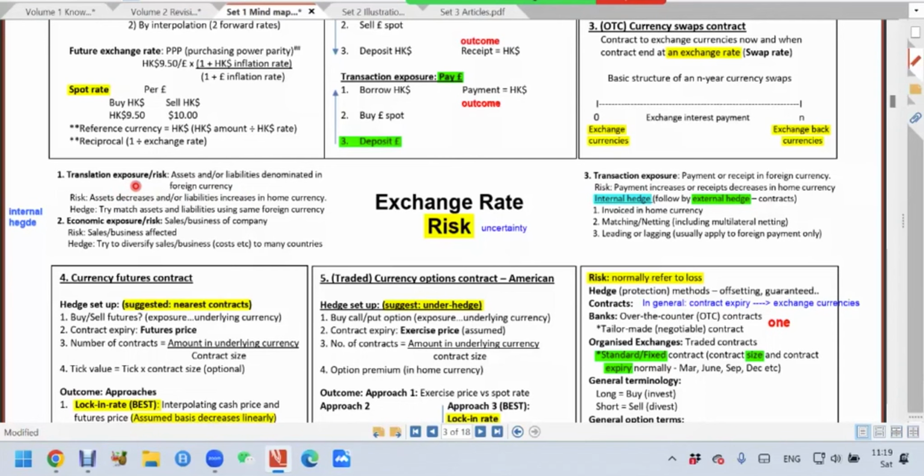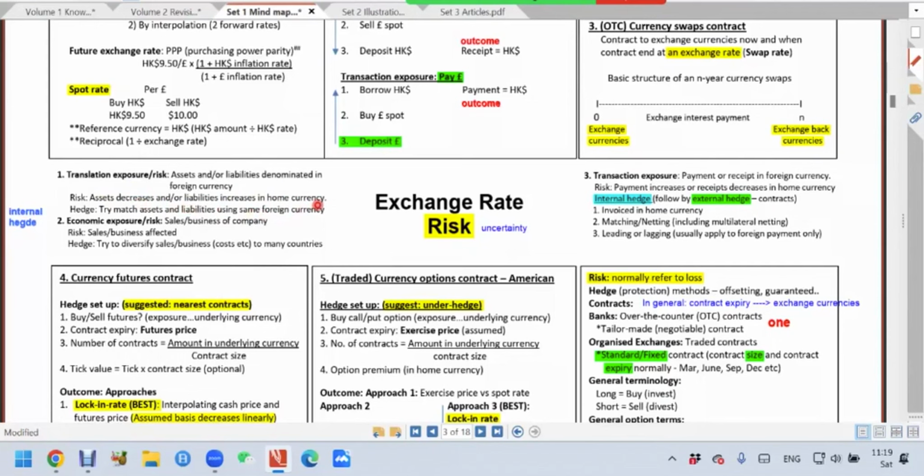So your risk here is your asset in terms of the Vietnam dong home currency has gone down. There's a risk of loss here. Your asset has gone down in home currency, or of course your liability has gone up. Liability increases in home currency. So that is your risk of loss.